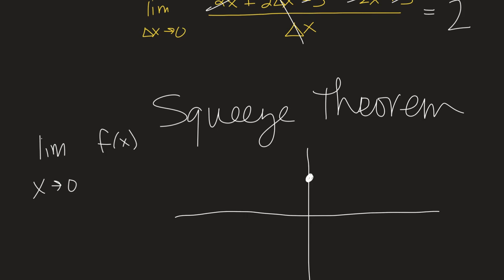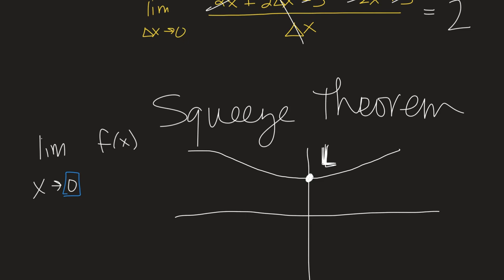So the 0 can change, it doesn't really matter what number is here. But let's say that we have a graph called f, and we know that it has a limit at 0. We don't know what the limit is, it doesn't really matter. They use the letter L for limit, capital L for limit. Okay, so there's a function f that has a limit at 0.